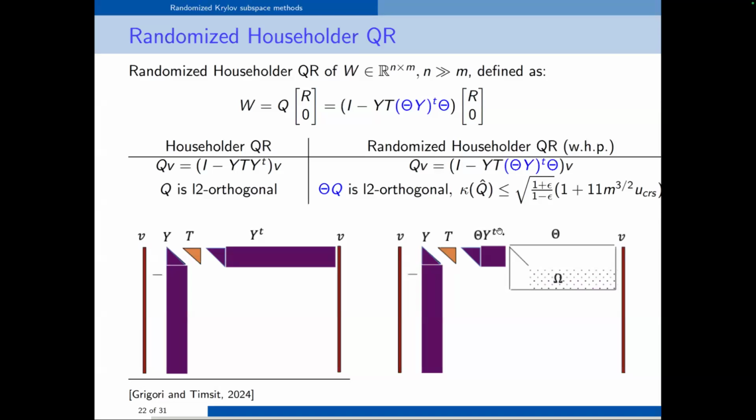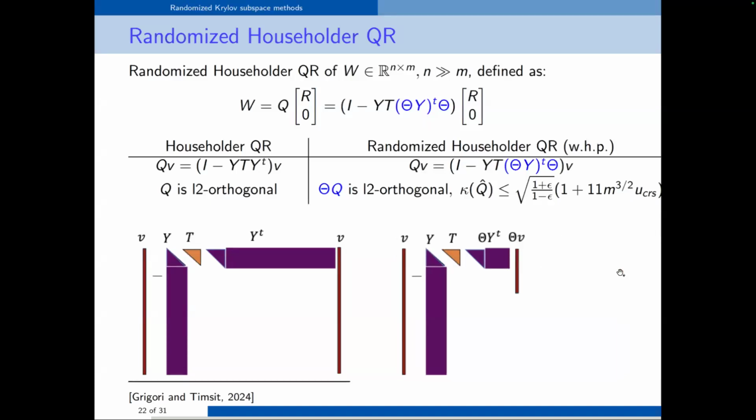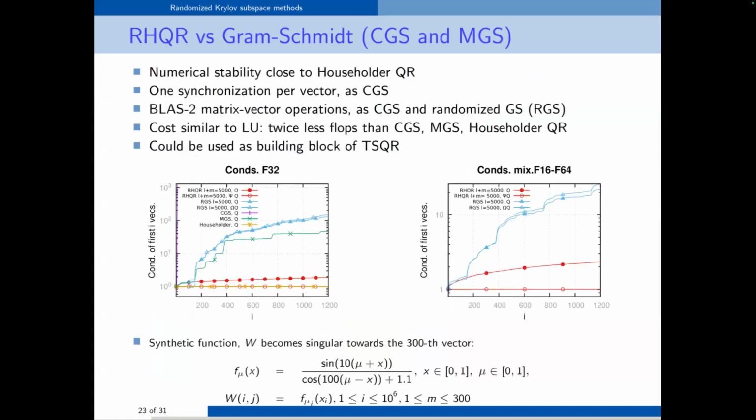So when we apply this representation to a vector, we first sketch the vector, then multiply this with the sketches of the Householder vectors, multiply with T, and then multiply back in the high dimension. With this representation, we have reduced the number of flops, and the condition number still remains independent of the condition number of W. And so it remains a very stable operation.